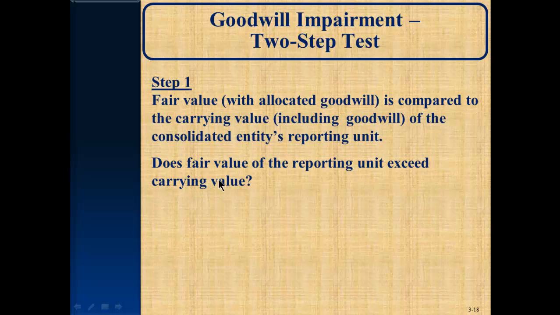Carrying value is the accounting value you have on it, and the fair value is what it's really worth. Unless there's some measurement looking at a similar company in the same industry, same size, the fair value, I can tell you, is typically going to be a discounted present value analysis, so you'll look at the cash flows that entity is giving over time.